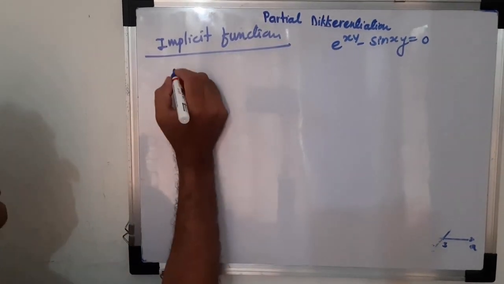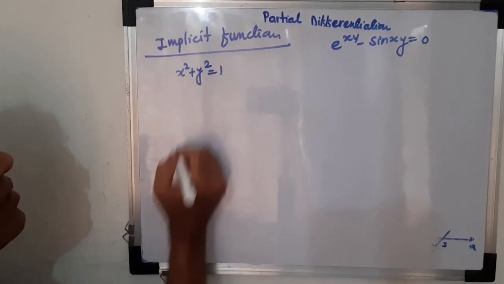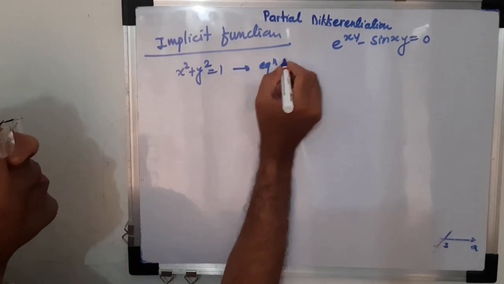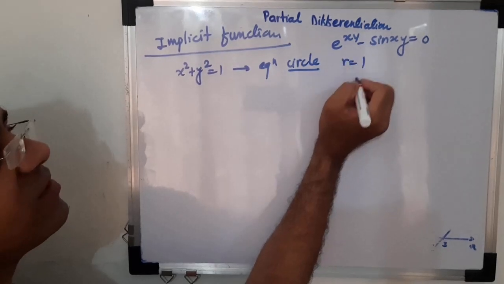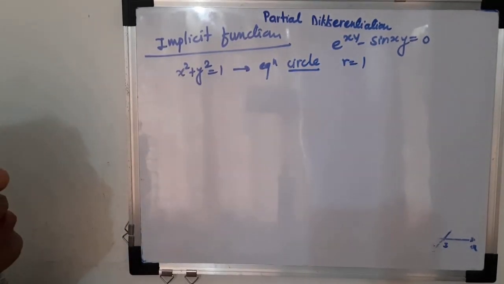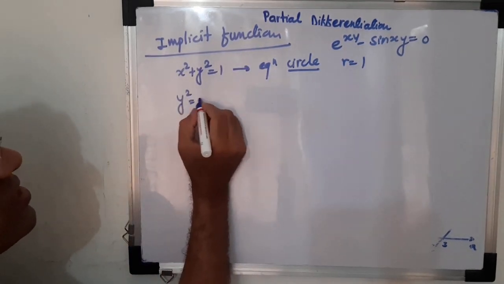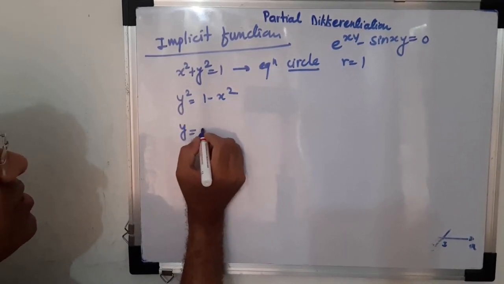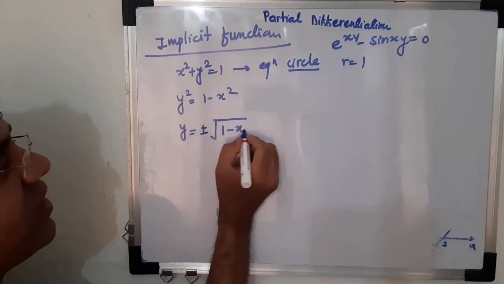The second example, which many times you have probably heard, is x square plus y square equal to 1. This is the equation of a circle having radius 1. Here y square is equal to 1 minus x square, so y is equal to plus or minus under root of 1 minus x square.